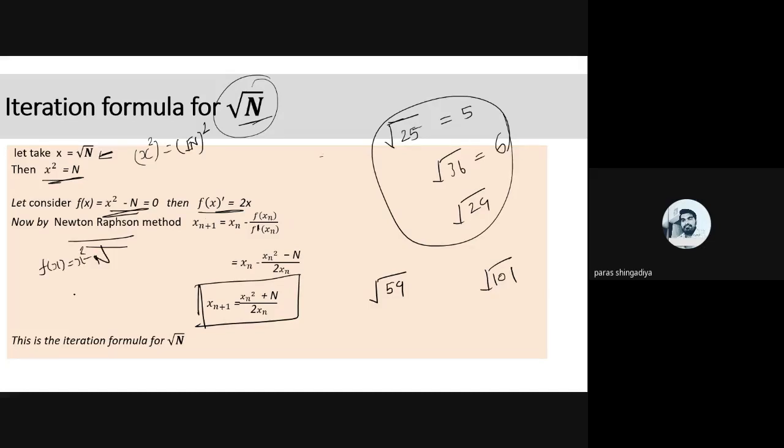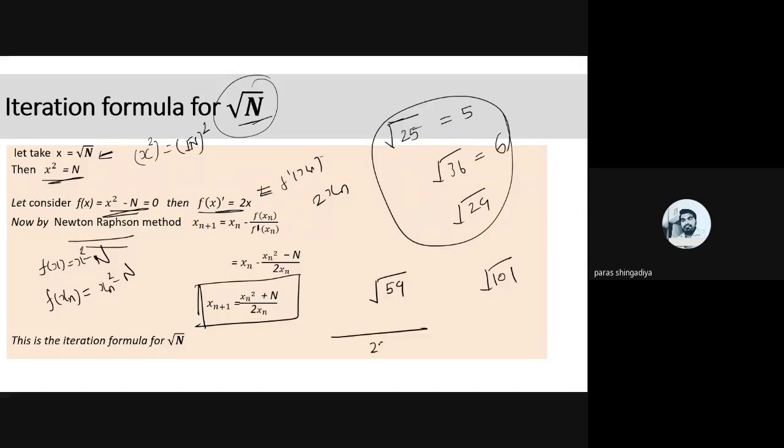So xn will be xn square minus n. Just replace x with xn in this form. And f dash of xn: we have f dash of x as 2x, so f dash of xn will be 2xn. Clear? So replace here 2xn, and now simplify this. So what is the simplification form? We consider the LCM 2xn.